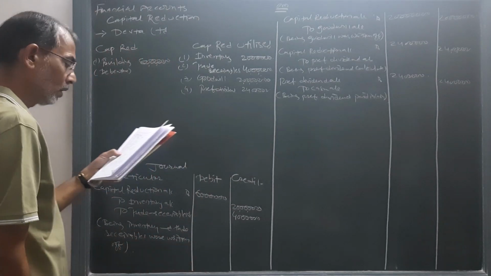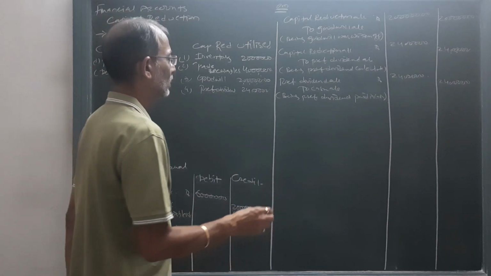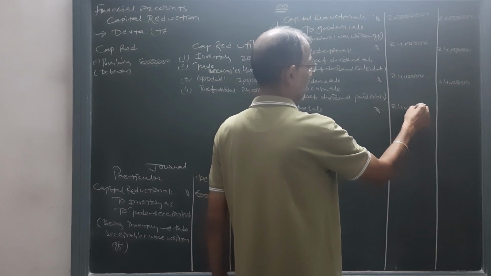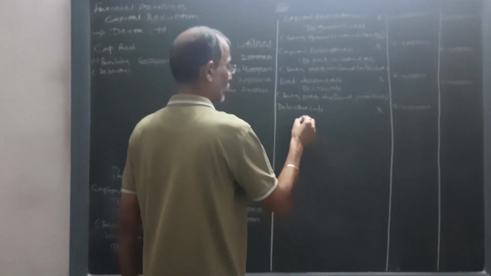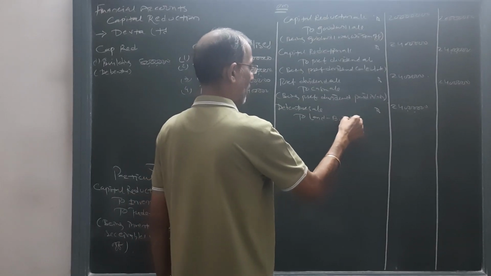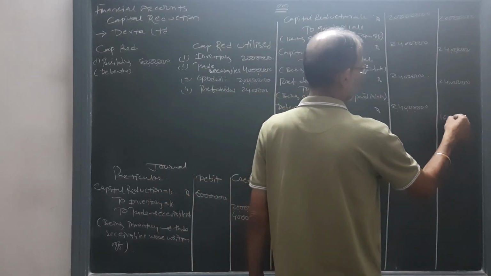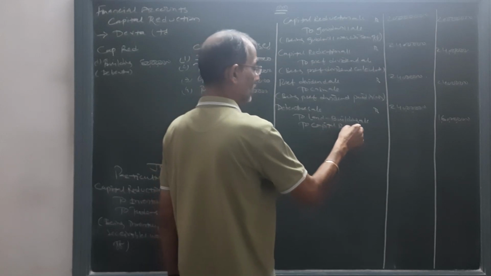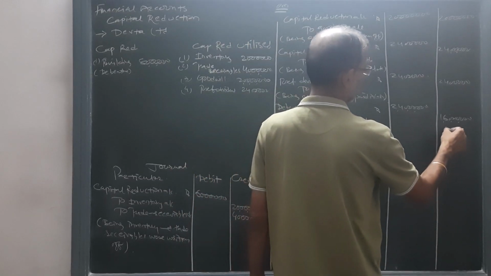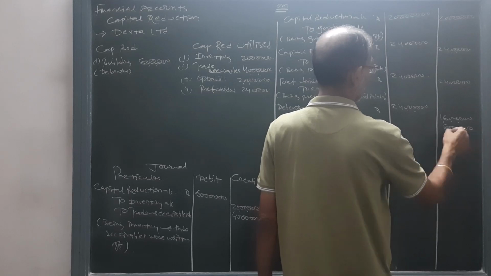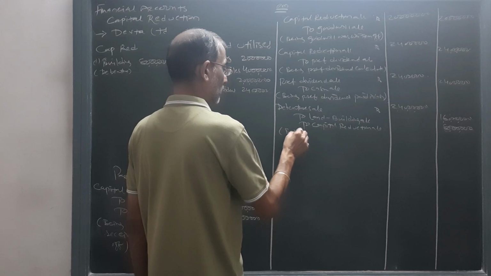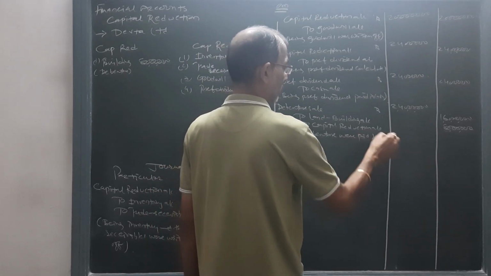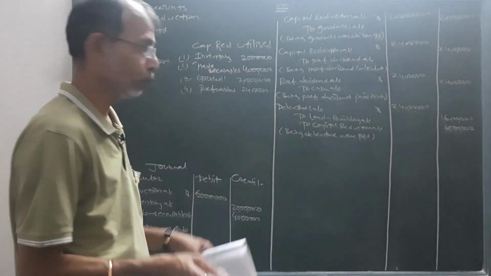So first, debentures of 2 crore 40 lakh will be cleared: 10% debentures account debit 2 crore 40 lakh to land building account 1 crore 60 lakh, to capital reduction account 80 lakh, being debentures were paid.